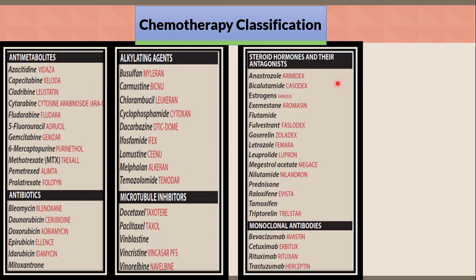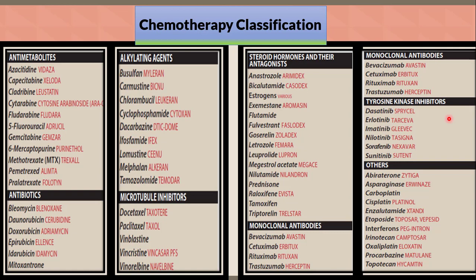Steroid hormones and their antagonists: anastrozole, bicalutamide, estrogens, exemestane, flutamide, fulvestrant, goserelin, letrozole, leuprolide, megestrol acetate, nilutamide, prednisone, raloxifene, tamoxifen, triptorelin, bevacizumab, cetuximab, rituximab, trastuzumab, tyrosine kinase inhibitors, dasatinib, erlotinib, imatinib, nilotinib, sorafenib, sunitinib.